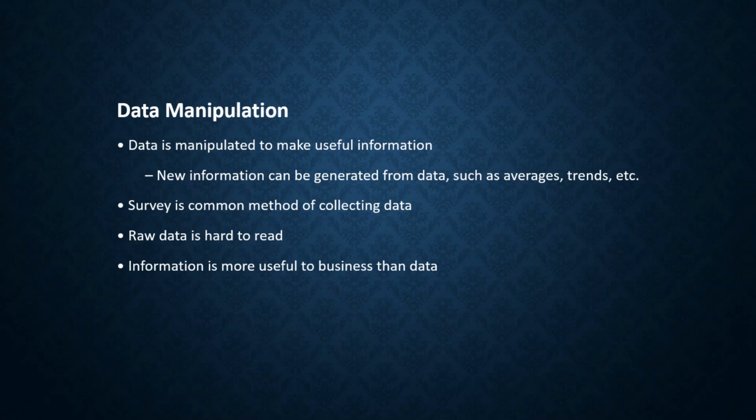So next we have to discuss data manipulation. How is the data manipulated, processed or modified to get useful information? That depends upon the information systems that we use and the quality of the information system that we developed.